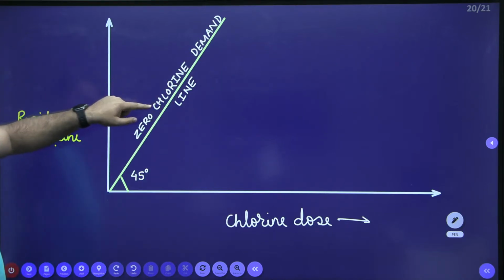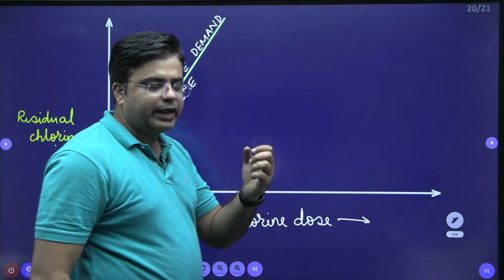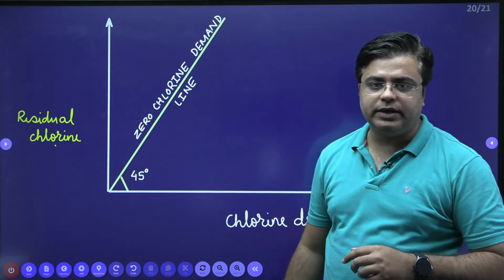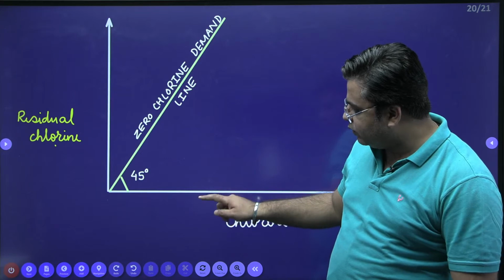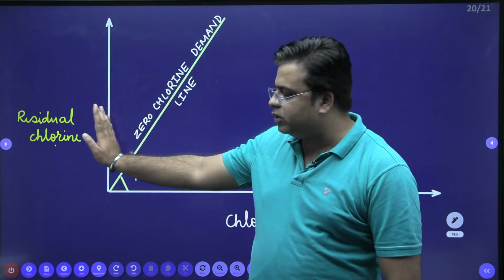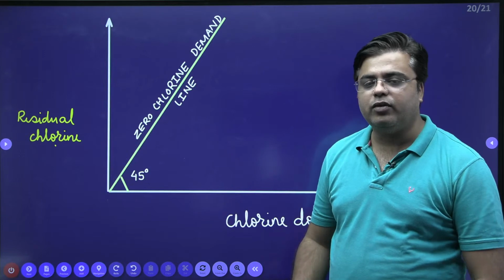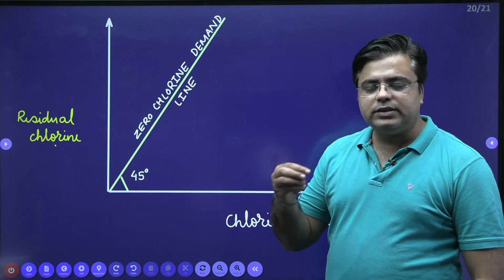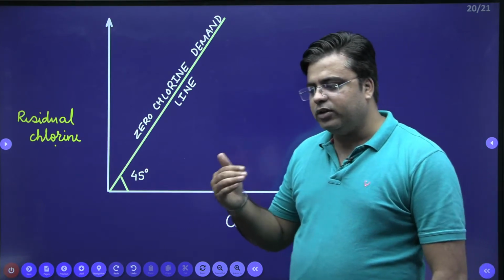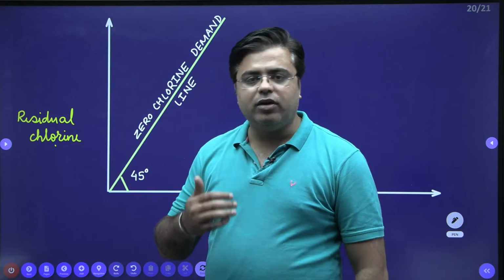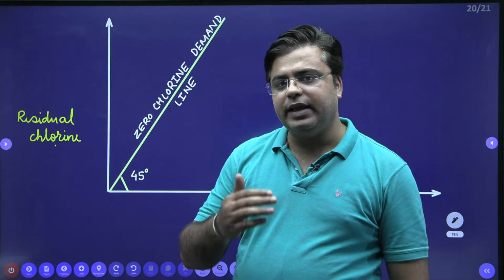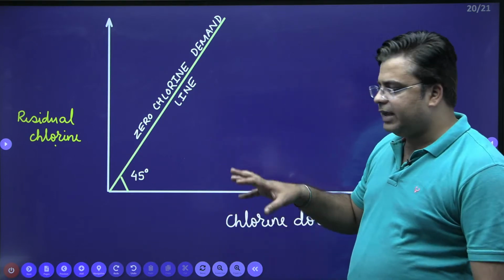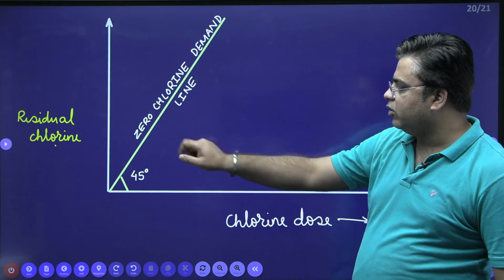This line tells us that if no inorganic matter is present, no organic matter is present, and no microorganisms are present, then whatever chlorine dose you apply, that entire chlorine dose will be converted into residual chlorine. And what is residual chlorine? It is the leftover chlorine that we have once chlorine does all its operations, that is, carrying out the oxidation of inorganic compounds, the oxidation of organic compounds, and the killing of microorganisms, right? So this is the ideal case. This is known as the zero chlorine demand line. The angle is 45 degrees.